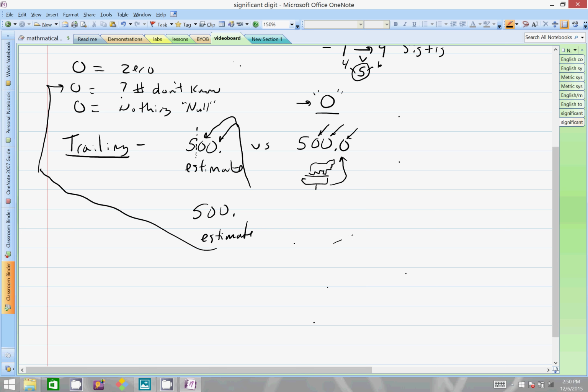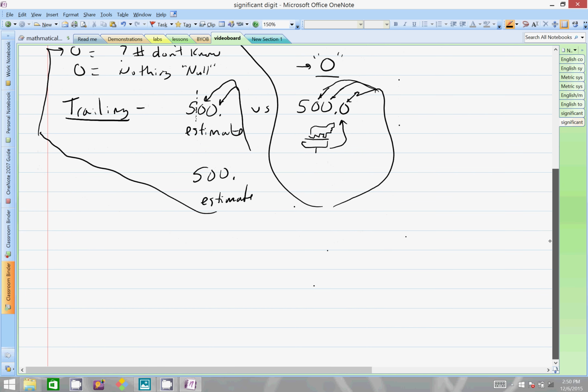And in the other one, these zeros are actually zeros. So to sum everything up, for trailing zeros, anytime I have a zero that goes up to the decimal and stops, I treat it as an estimate. And I have my point where I lose accuracy right here. These are not significant.